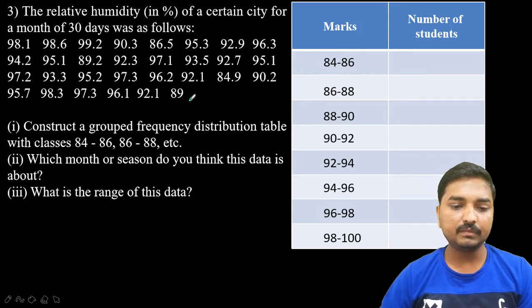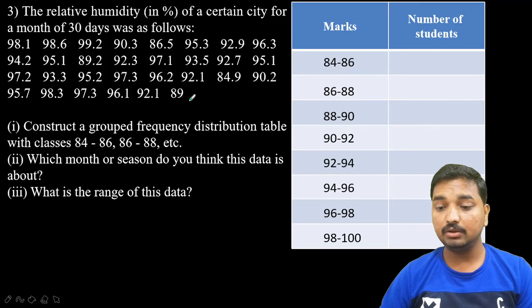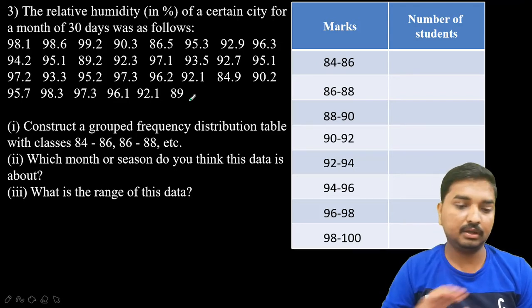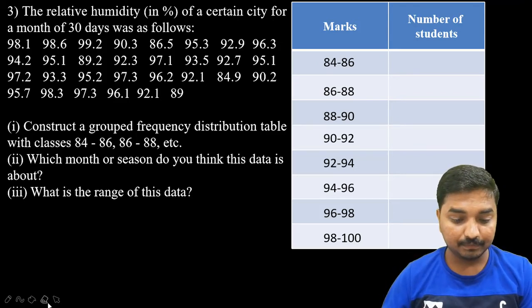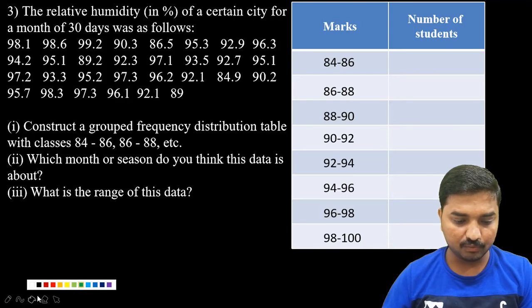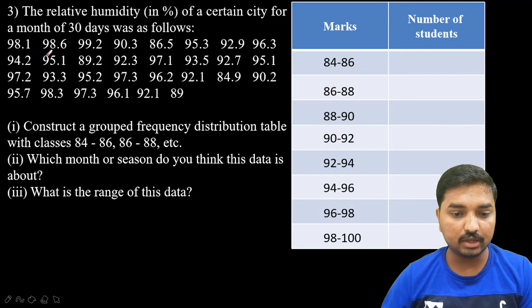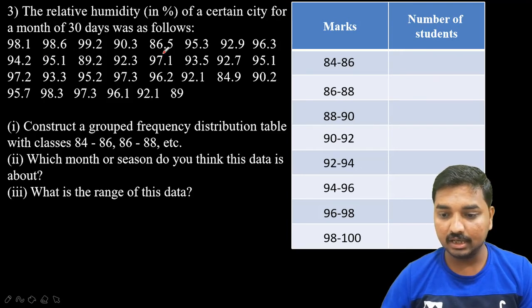Now the next thing is you need to identify the data which belongs to the first class interval, that is 84 to 86. It should be less than 86, from 84 to 86 but excluding 86. So now I'm going to mark here, the same procedure we followed in the last problem. Look at here, 80 something is actually 84 to 86.